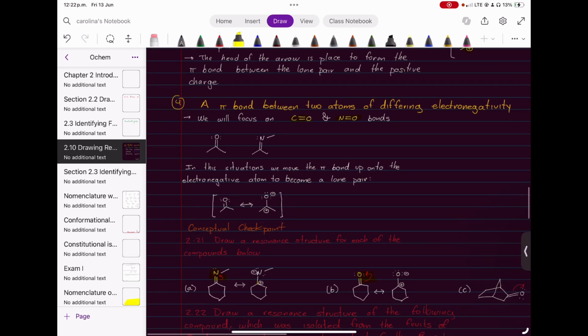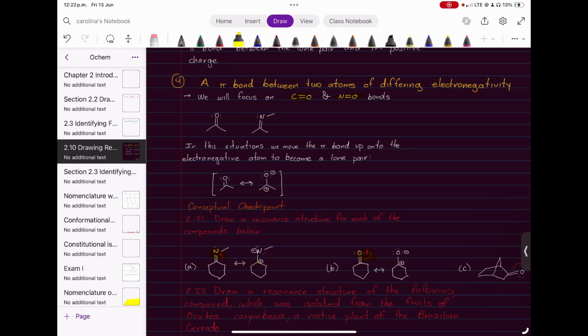Pattern number 4, a pi bond between two atoms of differing electronegativity. We're going to focus on carbon oxygen and nitrogen oxygen double bonds.